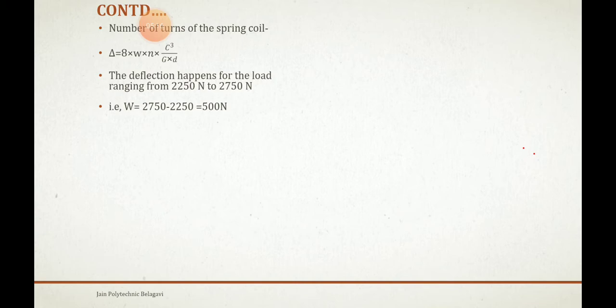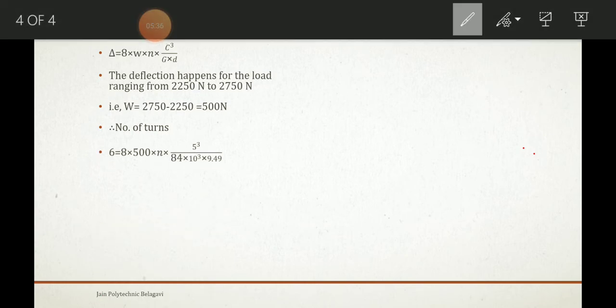The deflection happens for the load ranging from 2250 to 2750. So the effective load we have to calculate, we subtract the lower load from the higher load, that is 500 Newton. Therefore delta is 6 mm, which is already given in the problem.